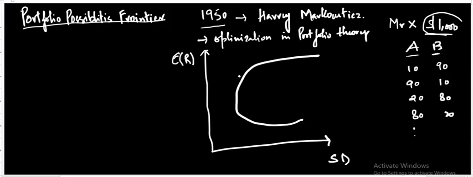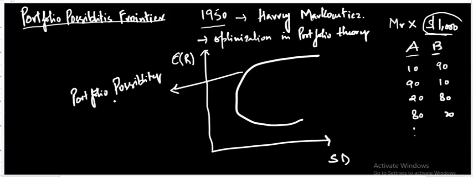And this graph is known as the portfolio possibility frontier. Now, let me talk about this graph a bit more.